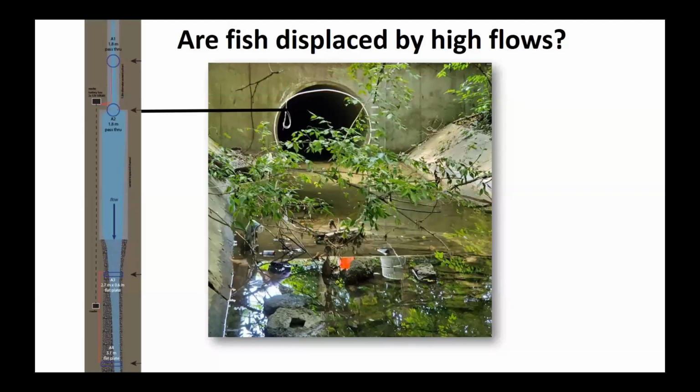So we used stationary antennas in this channel to try and understand how our fish are actually being displaced. We had some stationary antennas actually inside the storm sewer pipe. You can see those blue circles on the left are one right at the entrance and one about 10 meters upstream in the pipe.